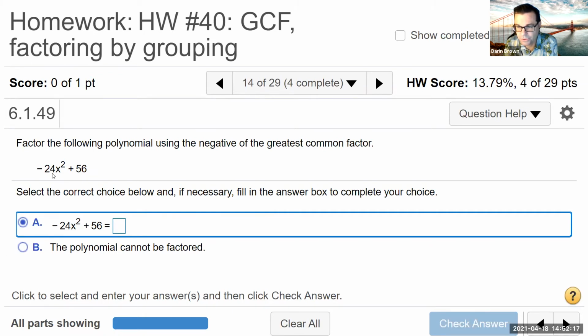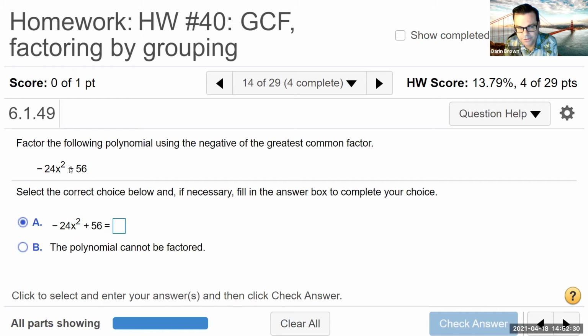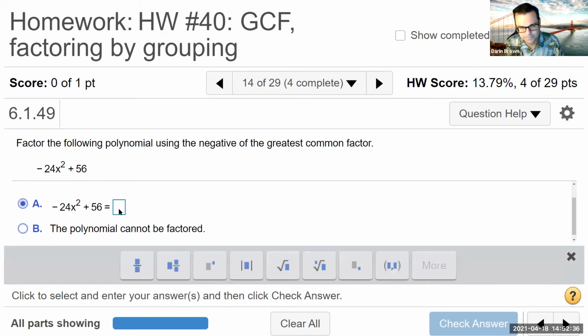So that's 2 cubed. Actually, it's 8 times 3. 2 cubed times 3. 56 is 7 times 8. 2 cubed times 7. So these are both divisible by 8. And then we got 3 and 7 left over. So there's nothing more. So the GCF is 8. So normally I would factor out 8.